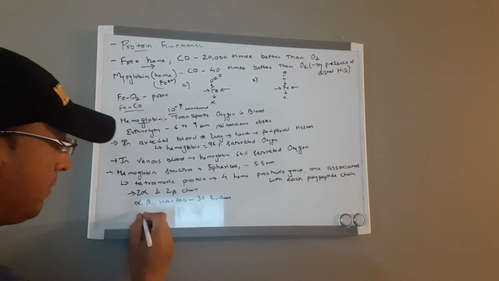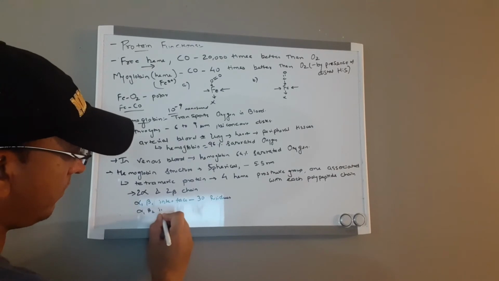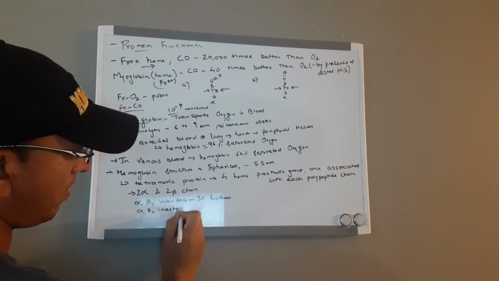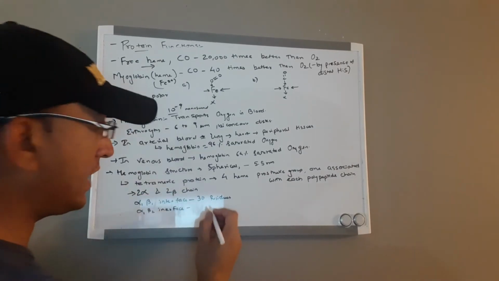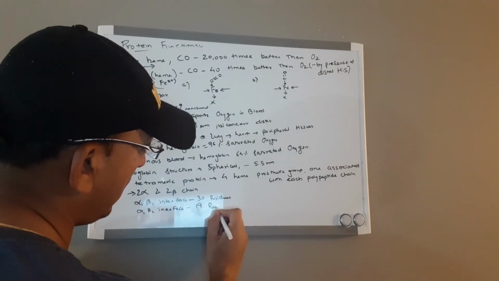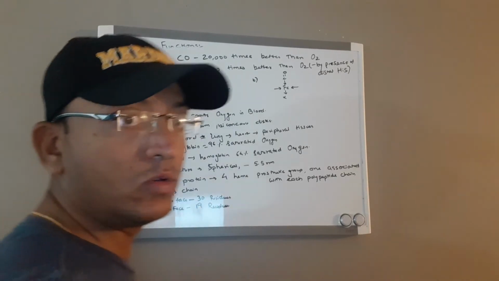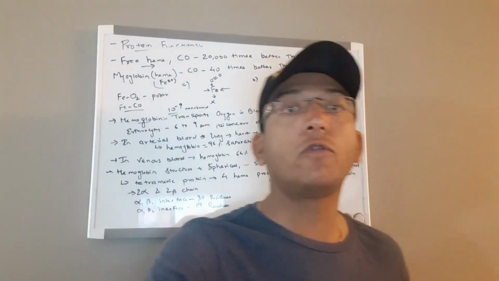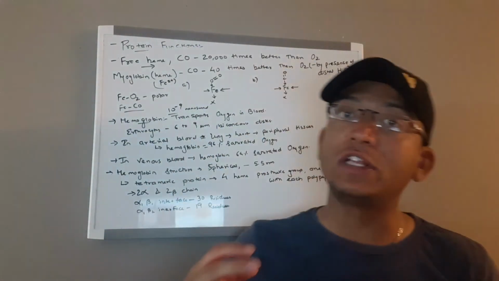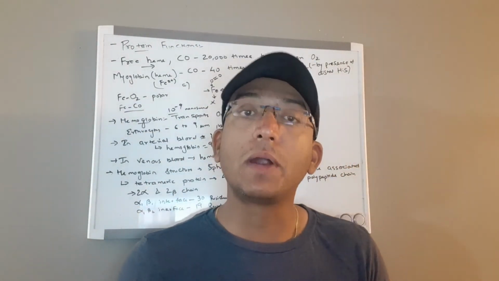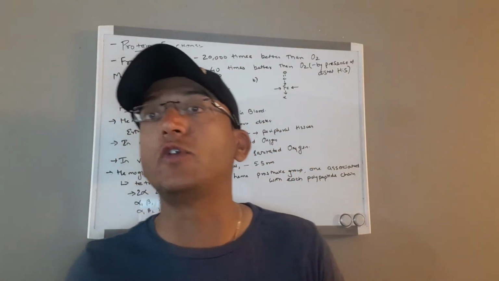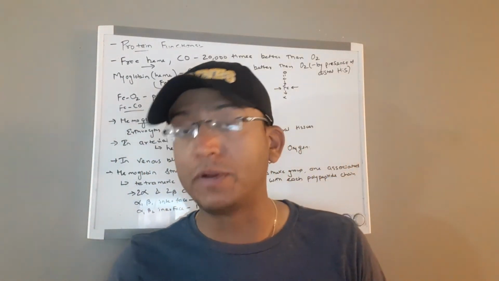Then there is the alpha 1 beta 2 interface that has 19 residues. The hydrophobic effect plays the major role in stabilizing these interfaces, but there are also many hydrogen bonds and a few ion pairs, or salt bridges, as well.